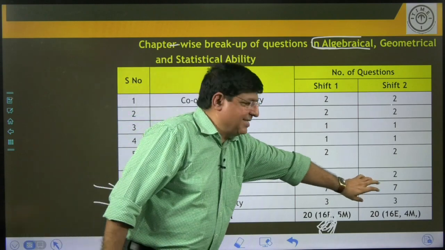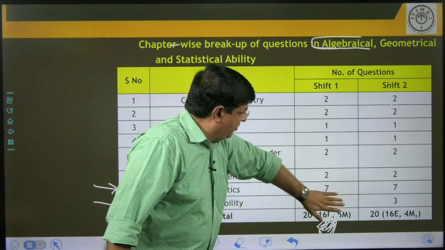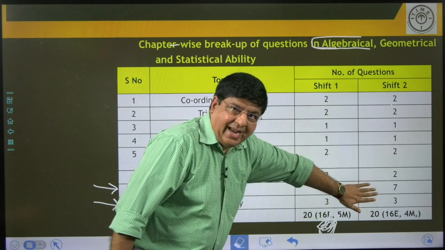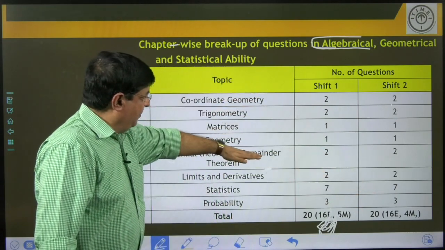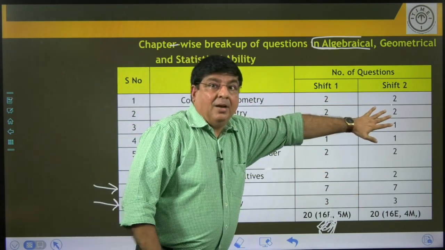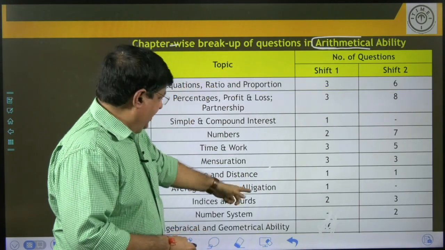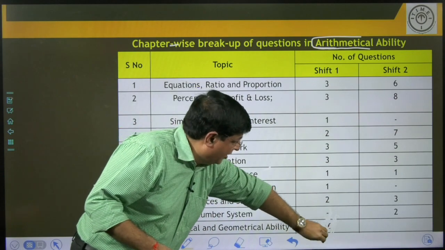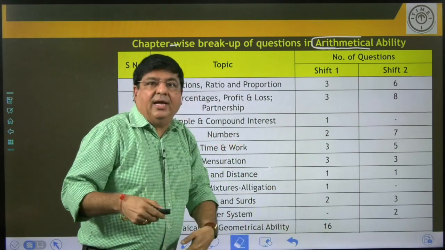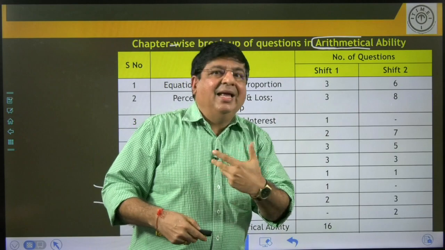Statistics and probability put together, the number of questions is 10, and from the remaining pure maths topics the number of questions is 10. But in the arithmetic section also pure maths was given. 16 questions are there, and that is why the weightage of pure maths is increased.